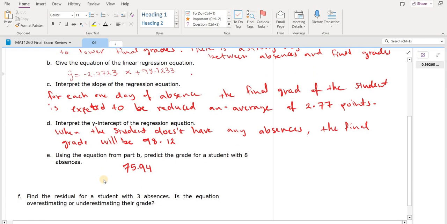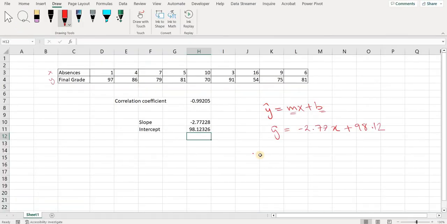Then we're going to use the equation in order to predict the grade of the students with 8 absences. To do that, I'm going to go to Excel, and instead of x, I'm going to take x out and plug in 8. So y equals negative 2.77 times 8 absences plus 98.12. So I'm going to do the precise answer here.